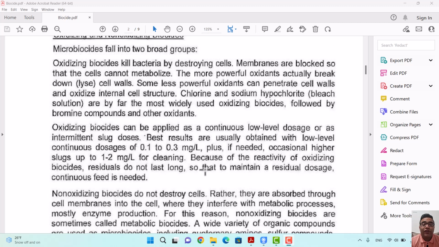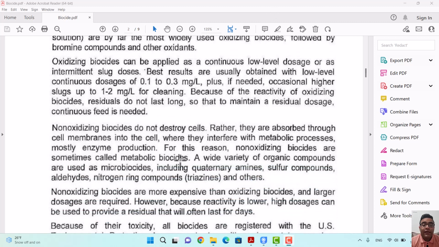Oxidizing biocides can be fed to the cooling water systems in a continuous dosage or in an intermittent manner. In a continuous dosage, 0.1 to 0.3 ppm of this is required in order to have the cooling water system clean. And of course, occasional higher doses.